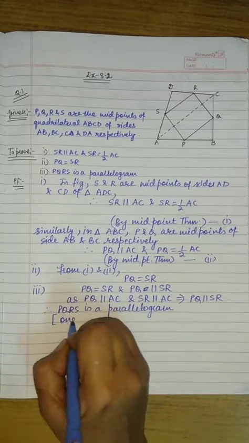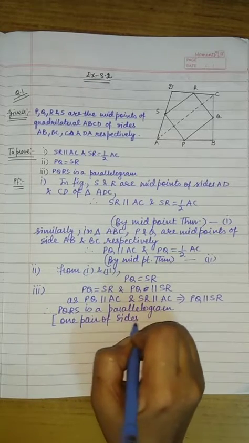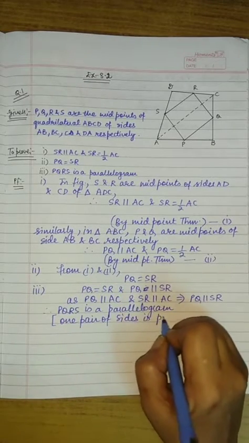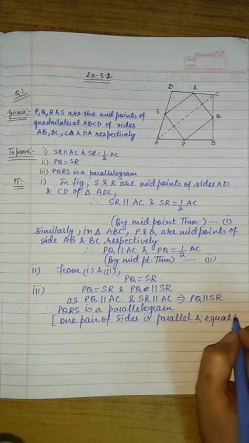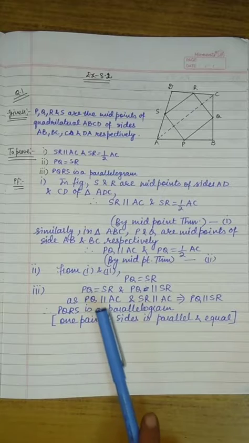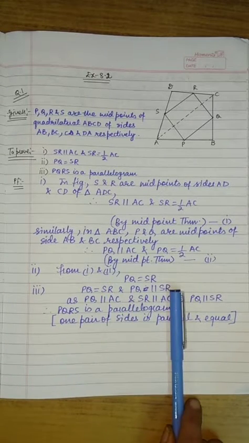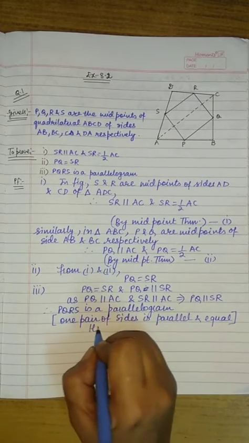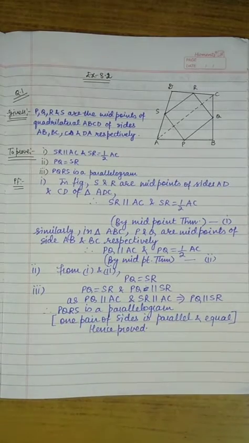Because one pair of sides is parallel and equal. What are the sides which are parallel and equal? That is PQ is equal to SR and PQ is also parallel to SR. Therefore, all the three parts are proved.